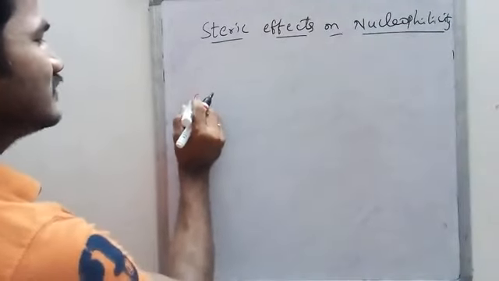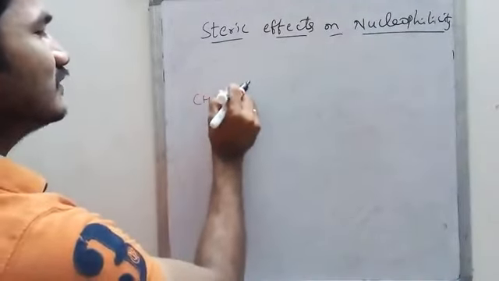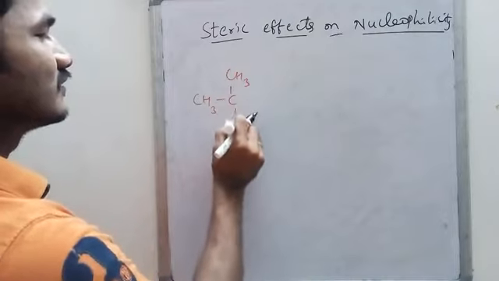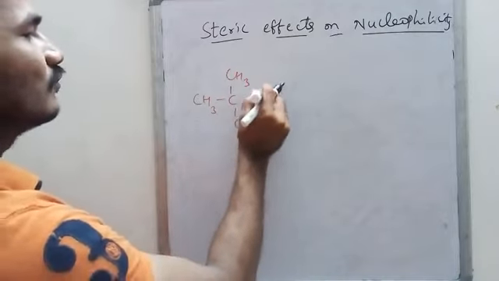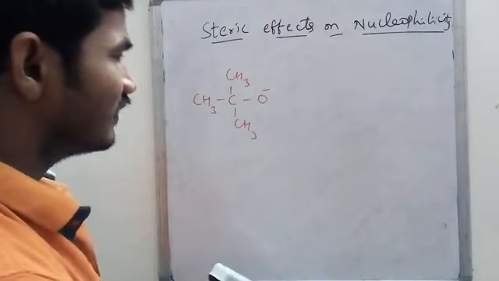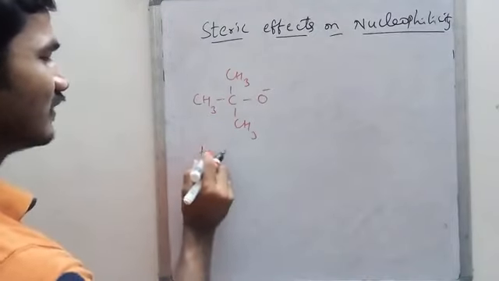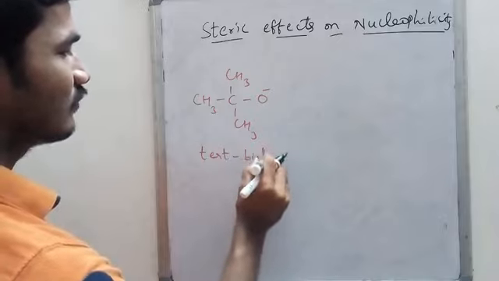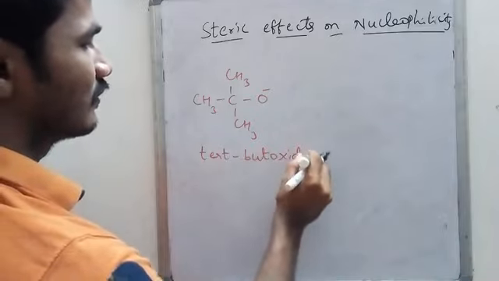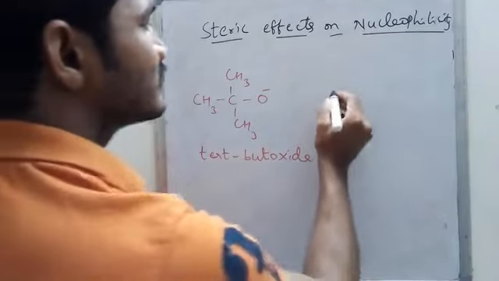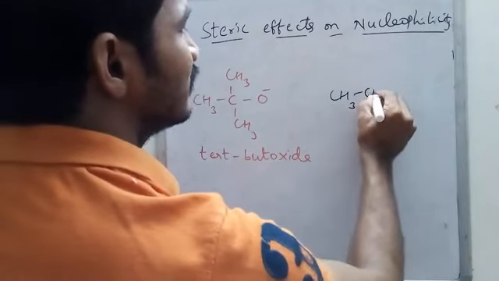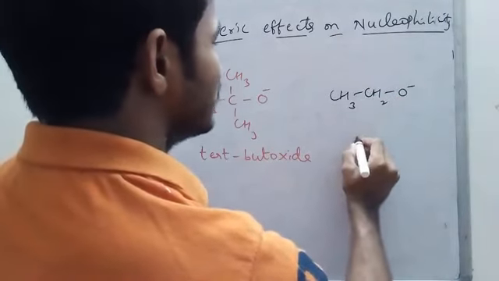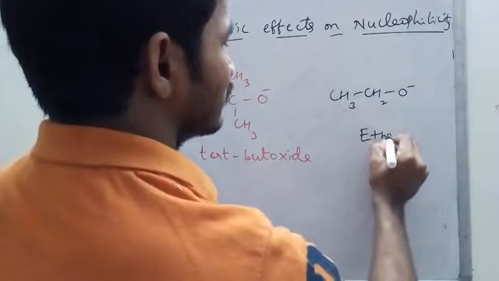First example is CH3 3C O minus. The name of this molecule is tertiary butoxide. Another example, CH3 CH2 O minus. This is ethoxide.